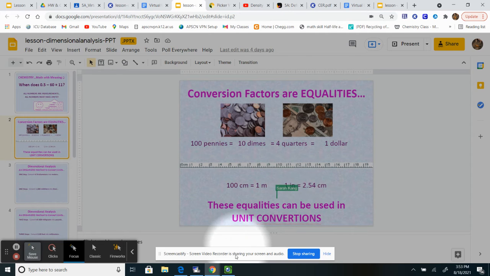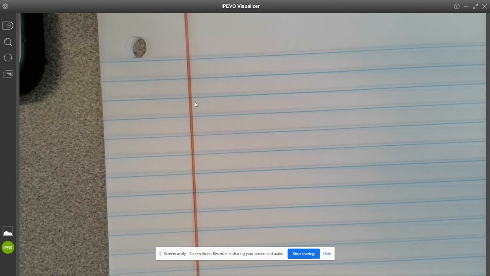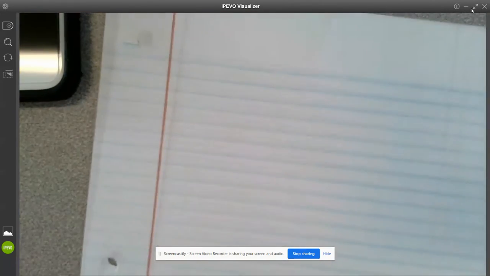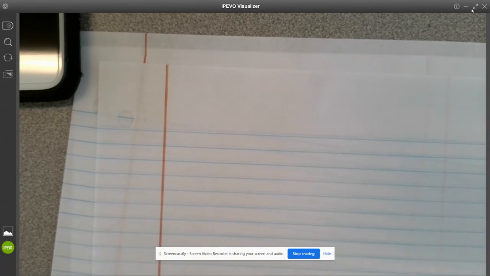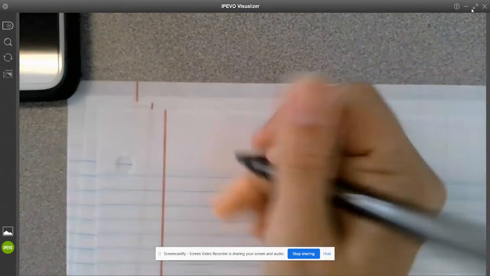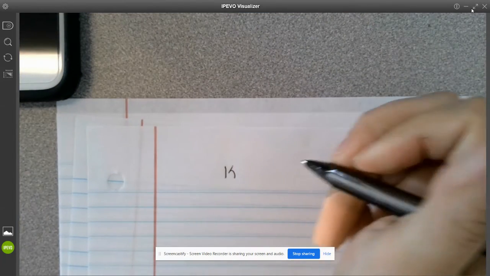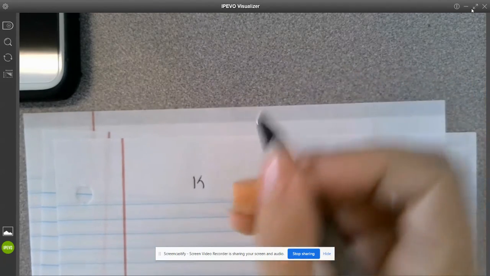So what we're going to do next is go here to our document camera, because we had two problems, and both of them were dealing with the metric system.